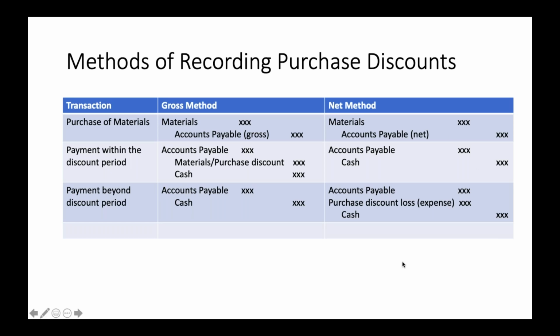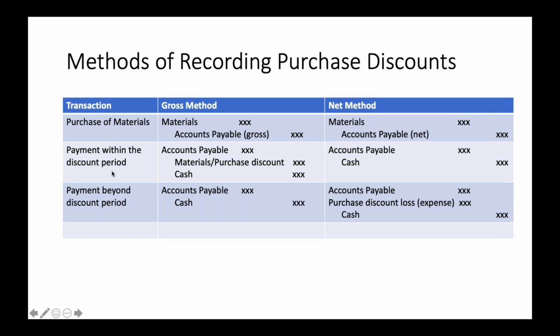So we have two methods of recognizing purchase discount, cash discount, gross method and net method. So upon purchase, if you're using gross method, the amount of accounts payable and materials are recorded at gross amount. While on net method, you will deduct the amount of discount and record the accounts payable and materials at net amount.